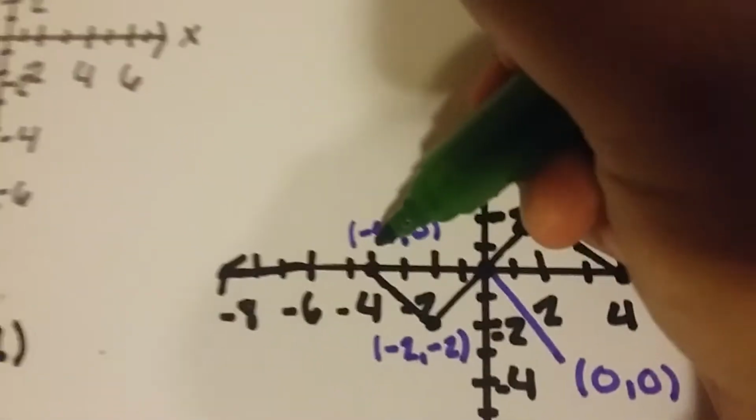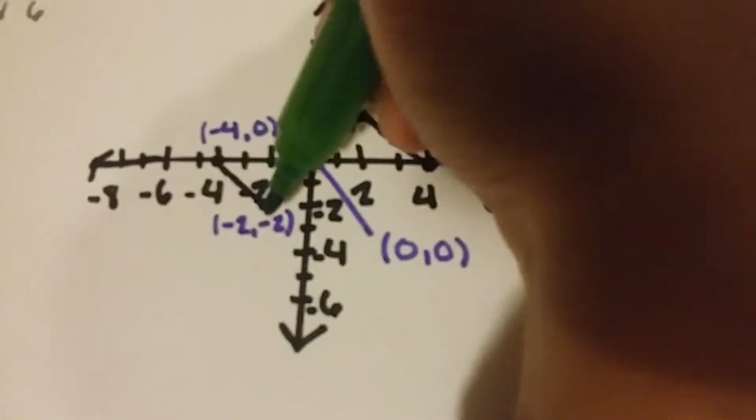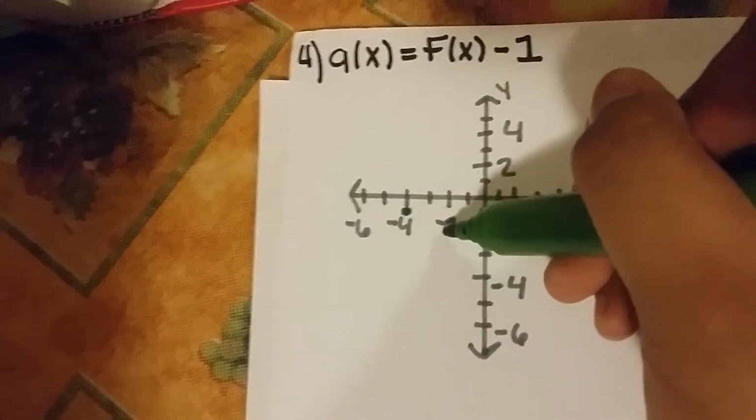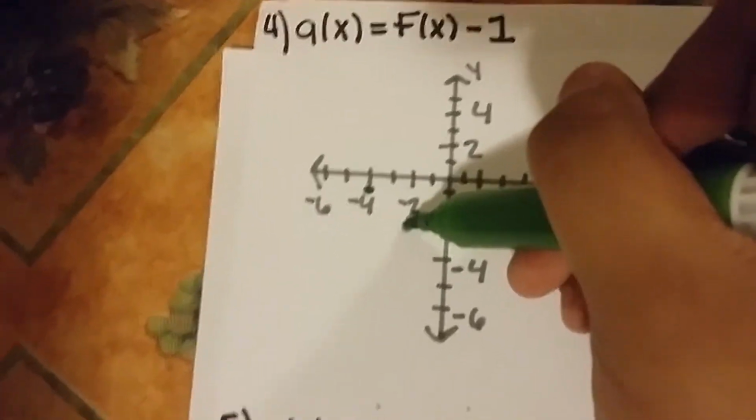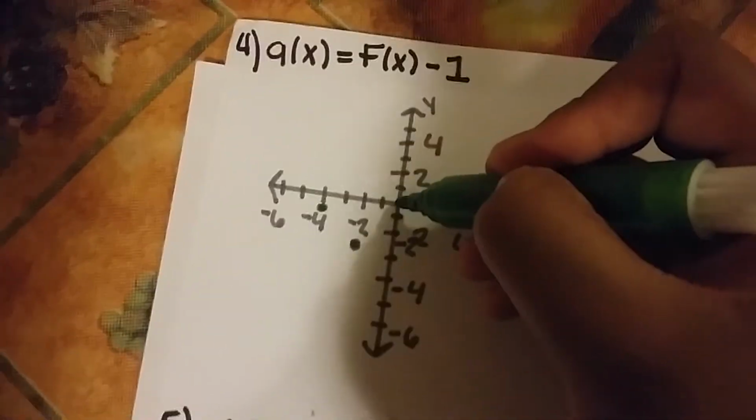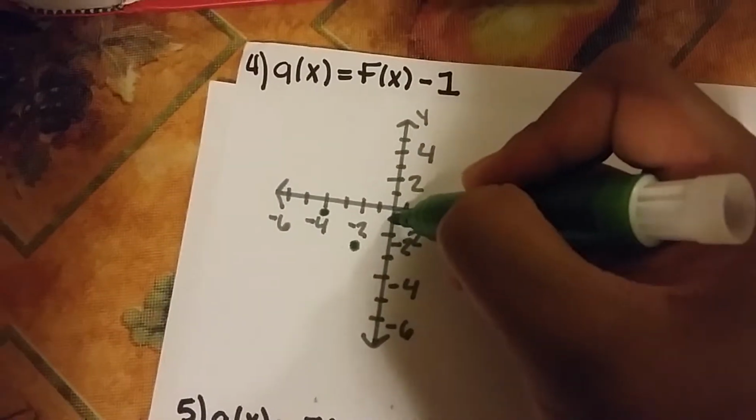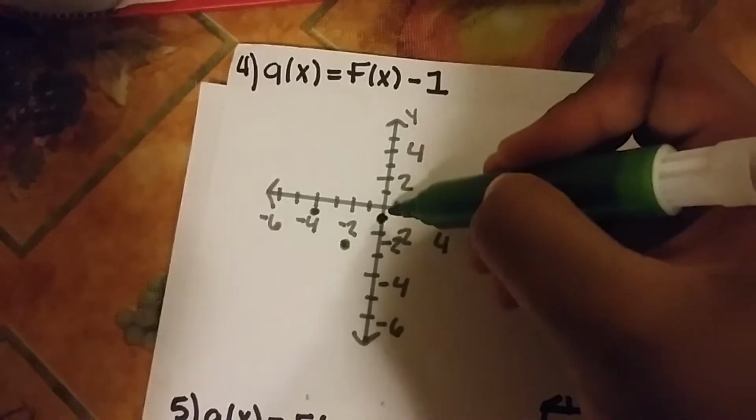So your first point is negative 4, 0, and then you will move it down 1 point to be equal to negative 4, negative 1. Your second point is negative 2, negative 2. Then you will move it down 1 point to be equal to negative 2, negative 3. Your third point is at the origin, and you will just have to move it down 1 to be equal to 0, negative 2.